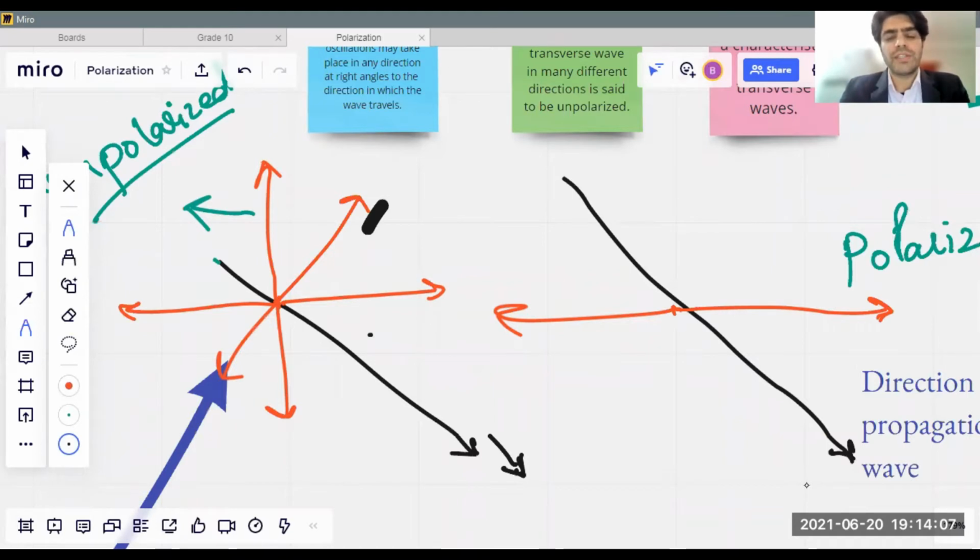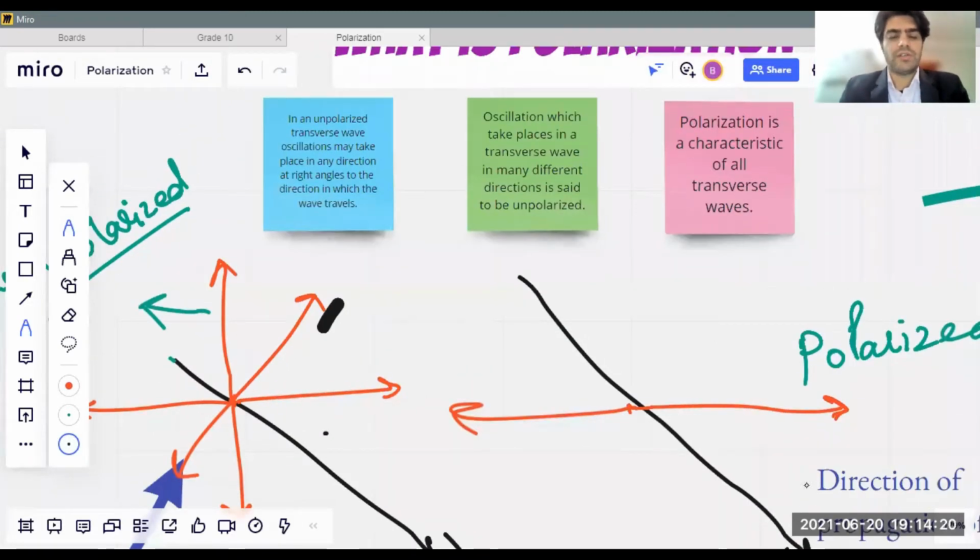The process in which we convert or transform unpolarized light into polarized light is known as polarization. And what happens in polarization? That is another question. We know about the process, that unpolarized light is converted into polarized, but what is basically happening in polarization?